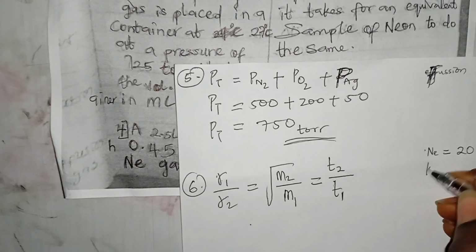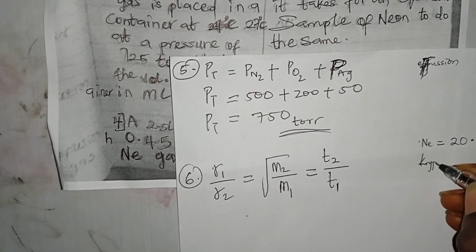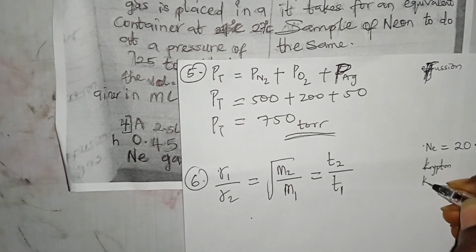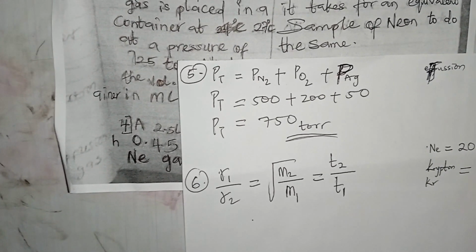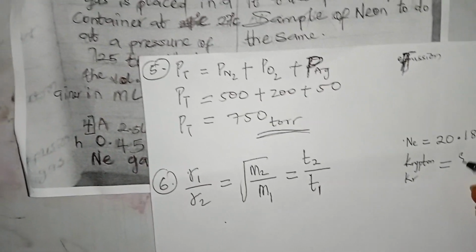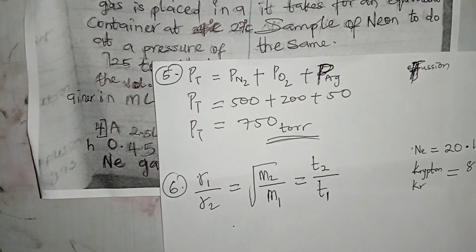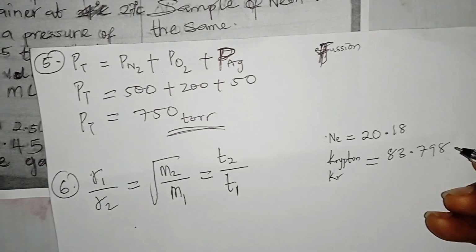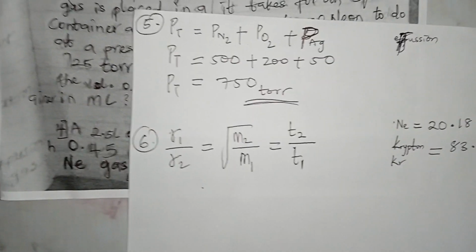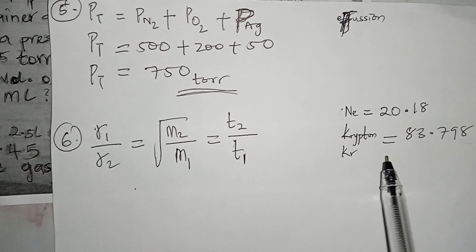Then krypton, represented as Kr, has an atomic mass of 83.798.